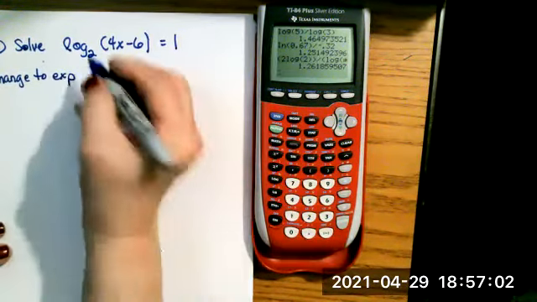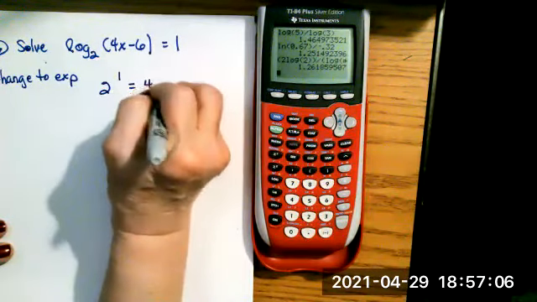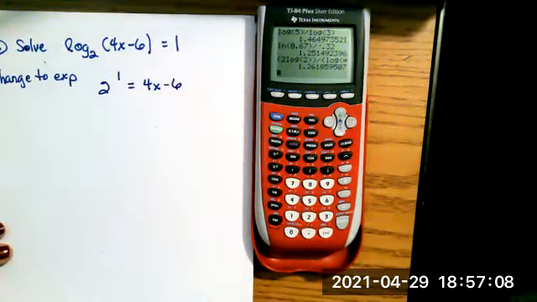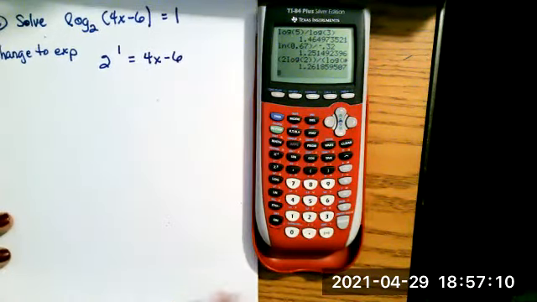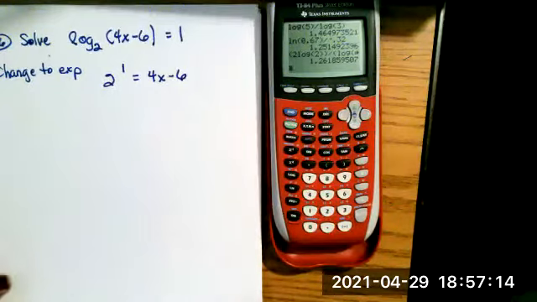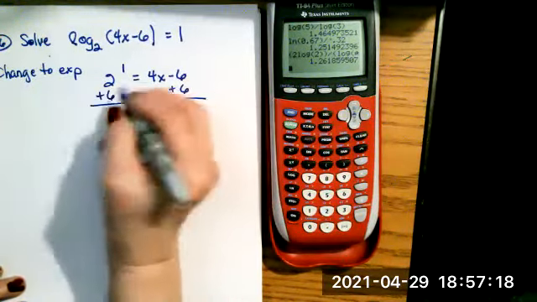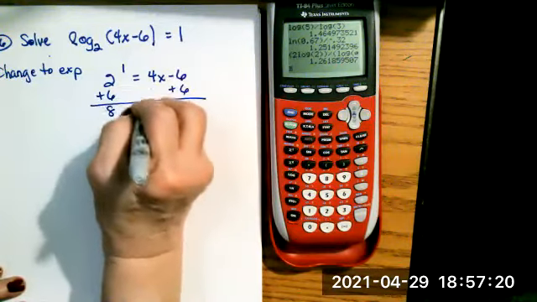So that would be 2 to the first equals 4x minus 6 when I change that to exponential. And that sure does look a lot better than the other one does. So I add 6 to both sides, and I get 8 equals 4x.